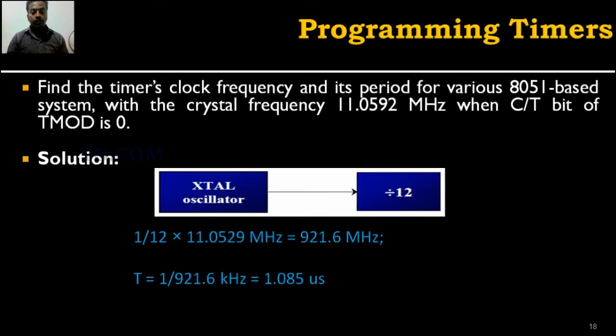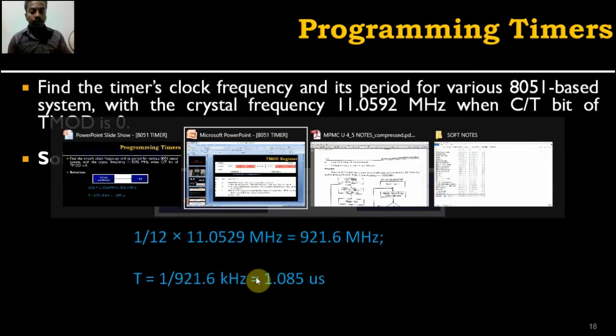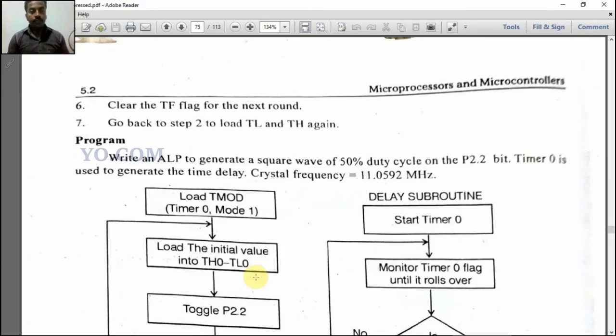Before completing this session, we have to see some problems available in our book. Just open your book at page number 5.2. Here one problem is there: write an ALP to generate a square wave of 50% duty cycle on pin port 2.2.